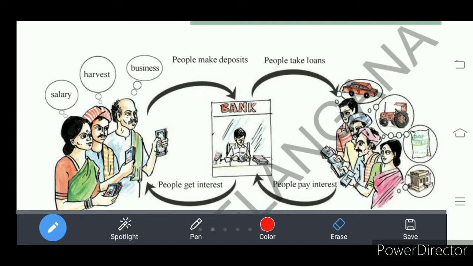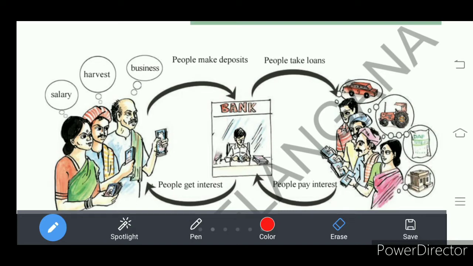In the following lesson, we will discuss how the bank uses the deposits to meet the loan requirements of the people. So here the bank organizes deposits into loans.